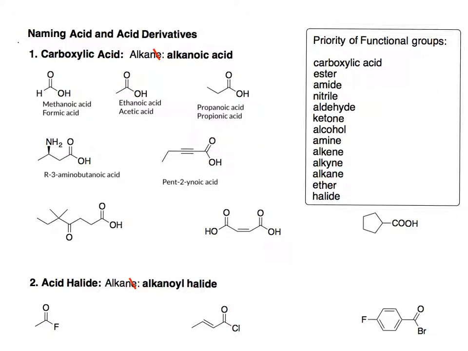You need to make sure you count the number of carbons in the main chain. So you have a total of a 7-member main chain.